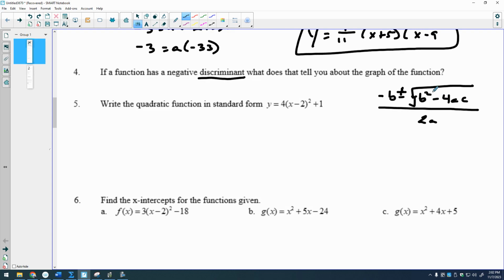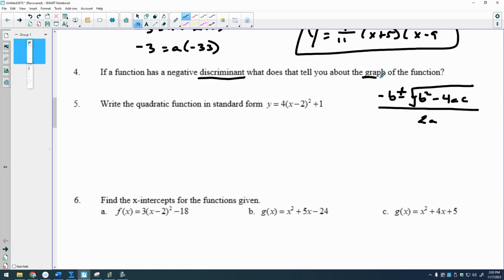If this is positive, I have two solutions, and they are real. If this is 0, then plus or minus 0 doesn't do anything. It's no plus or minus because it's not adding or subtracting anything. And so I get just one solution, but it's real.